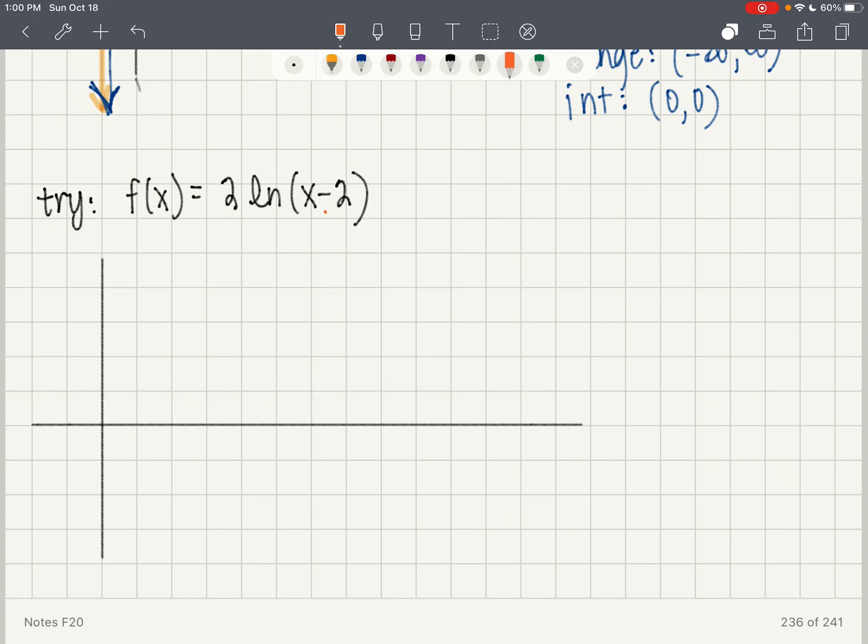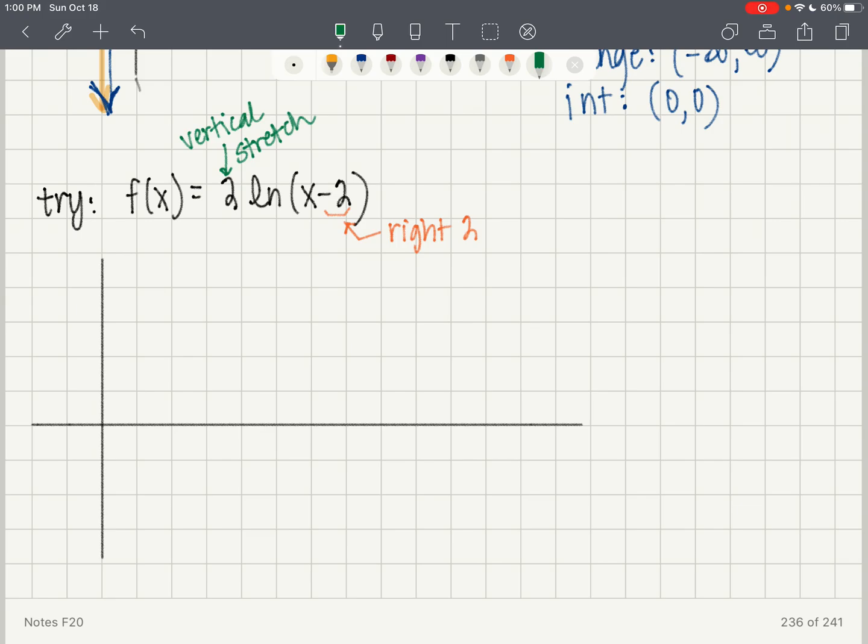Okay, this -2 is telling me that our graph is going to go right 2. And this 2 out front tells me that we have a vertical stretch.